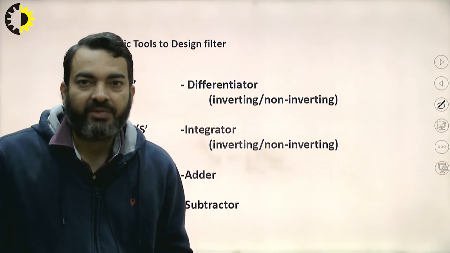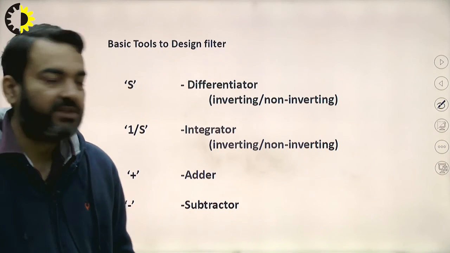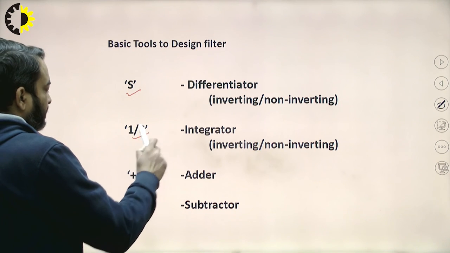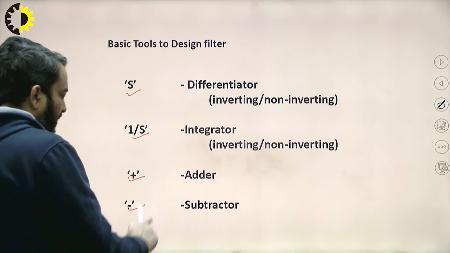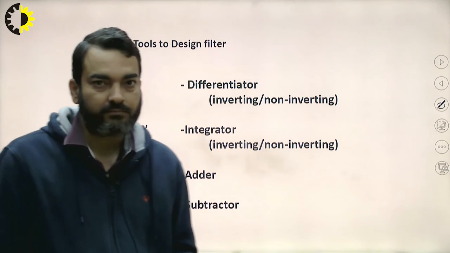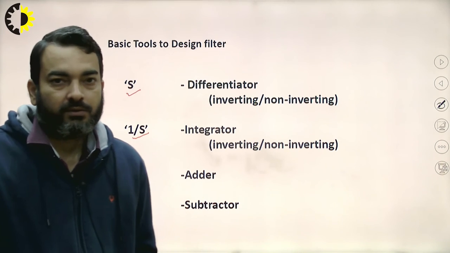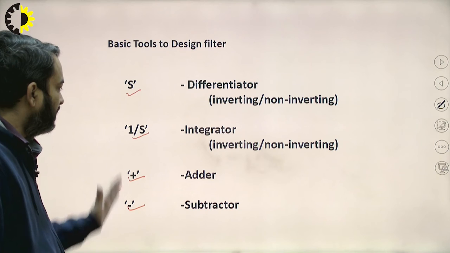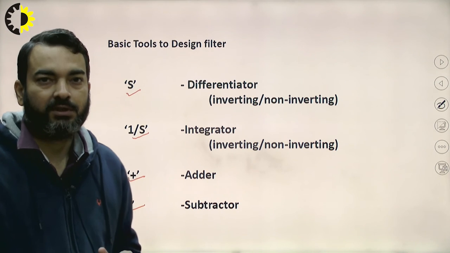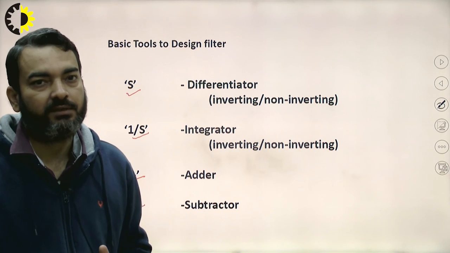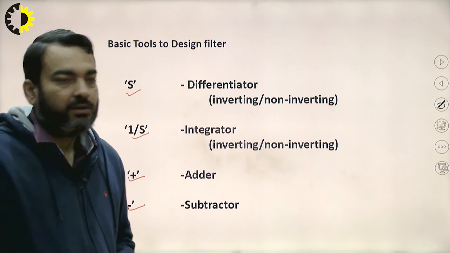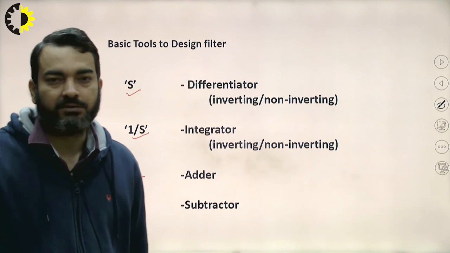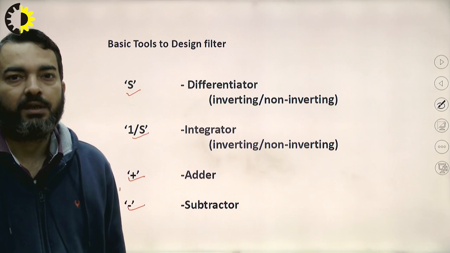We have some basic components by which we can design the filter: differentiator, integrator, adder, subtractor. If we have an idea of these basic modules, then we can design any filter. In the next class we will see, with the help of these basic modules, how to realize a KHN filter.